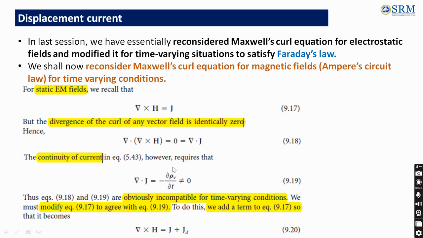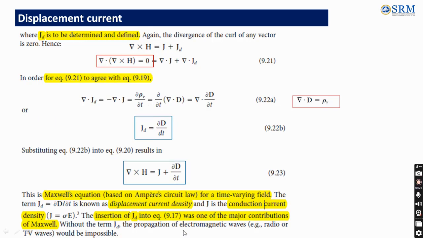It is the rate of change of volume charge density, minus dou rho V by dou T. Actually, these two equations are not compatible for time varying conditions. So we are going to modify the equation del cross H is equal to J by adding one more term called JD. That JD is called the displacement current density.